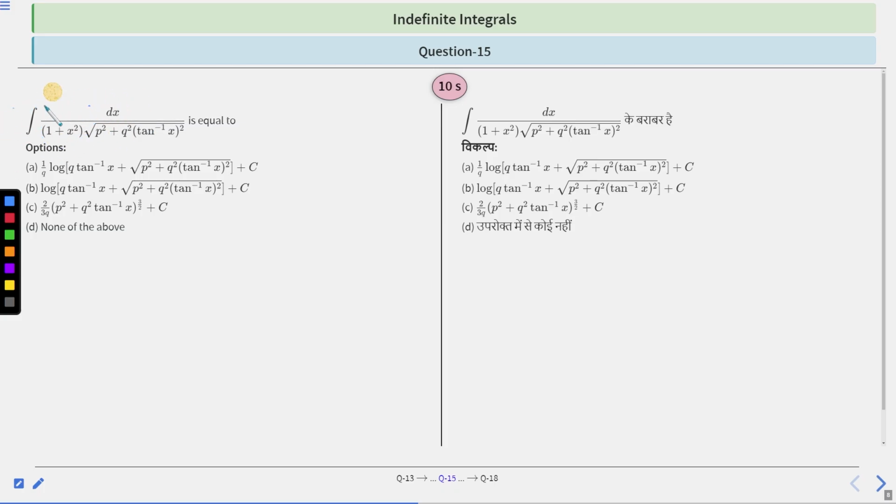So this equation will easily convert to dt upon root form, with some constant, right? Dt upon root over p square plus t square, like that. After that you can easily apply the formula that we have discussed about integration of dx upon root over a square plus b square.